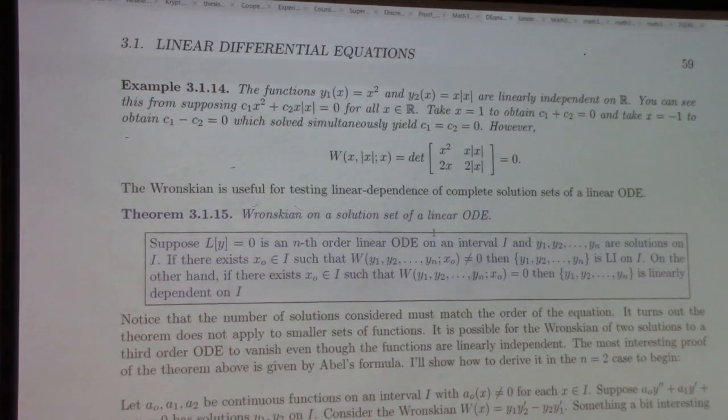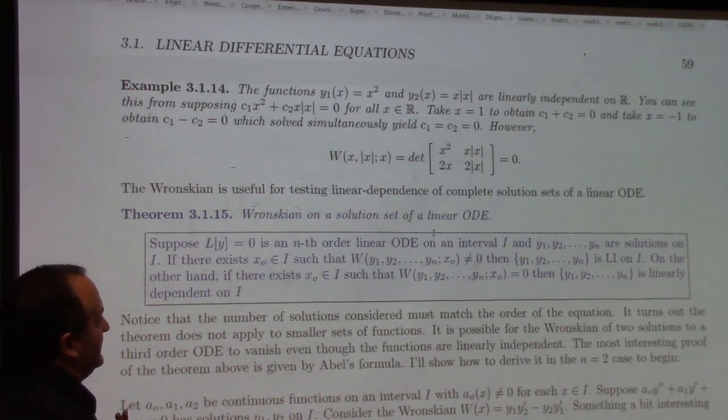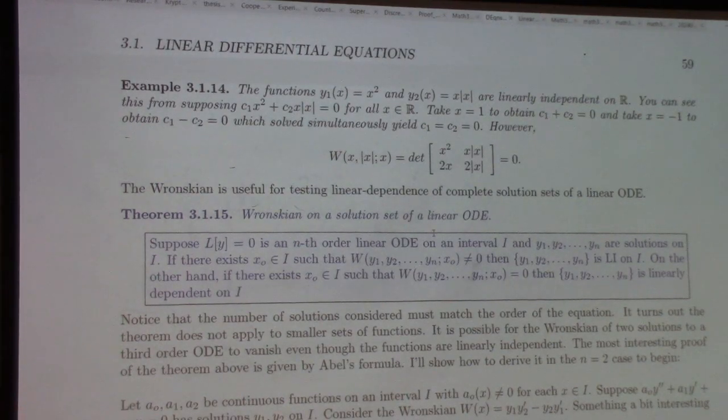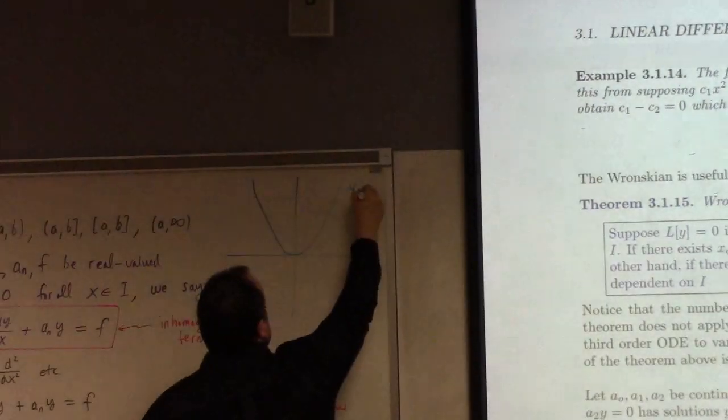And here's the example which illustrates the subtlety, which is that if you look at the functions x squared and x times absolute value of x, these are linearly independent because you can't write one as a multiple of the other on the whole of the real line. So do you guys know what x absolute value of x looks like? So here is x squared, let's say, right?